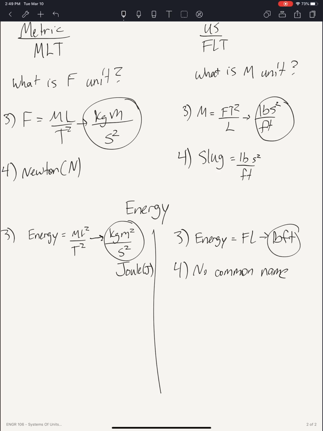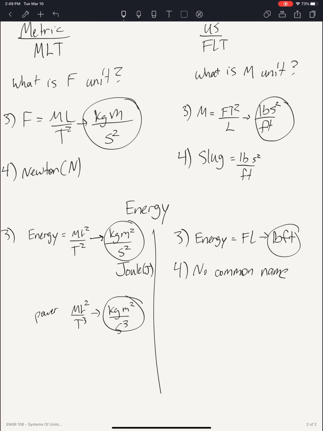We could keep going, but this process ought to be clear. Pick any dimension, I should say, like power, write down the dimension, ML squared per T cubed, then use that to get the unit, kilogram meters squared per second cubed.